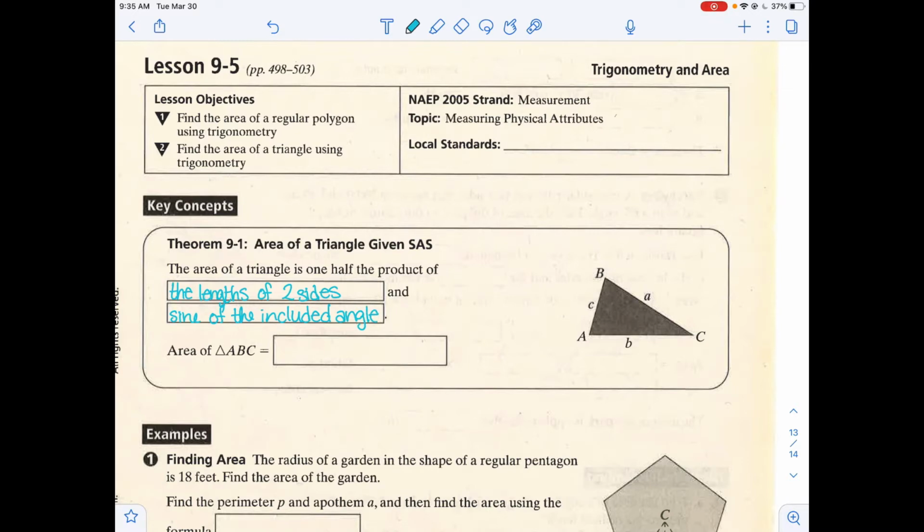So the area of triangle ABC would be 1/2 times B times C times the sine of A. Okay, so if we're using A, we're using the two sides next to it.